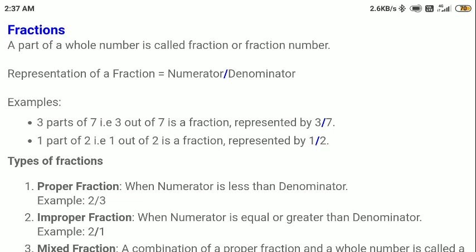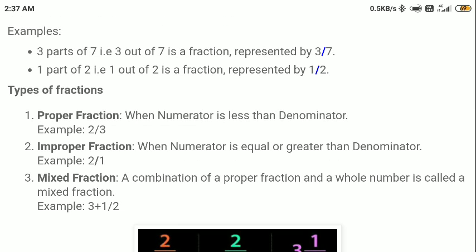We can take a few examples, such as 3 parts of 7 parts. Suppose I have kept 7 water bottles, and I have taken out 3 water bottles out of that. In that case I will say that I have taken 3 out of 7. So 3 out of 7 is also called 3 by 7, and it is a fraction.